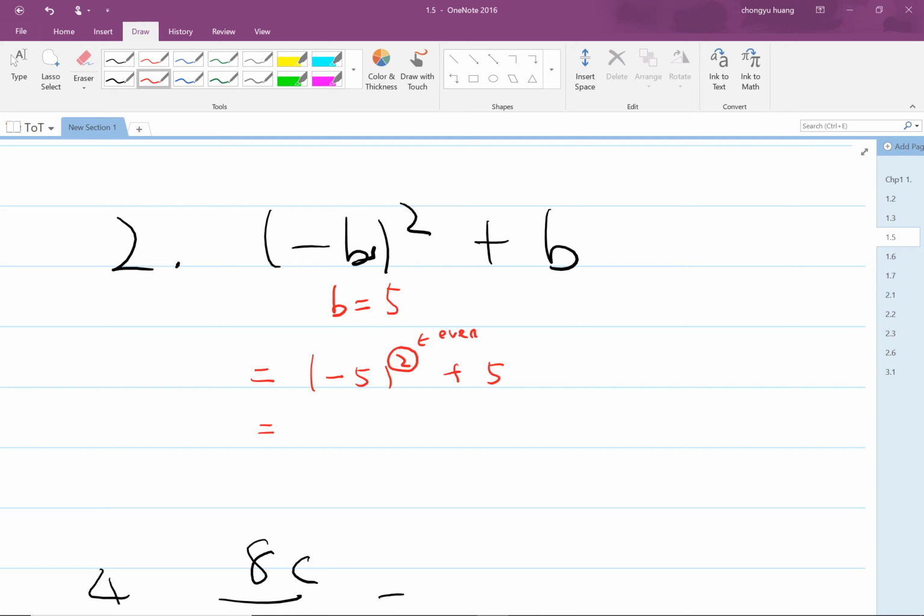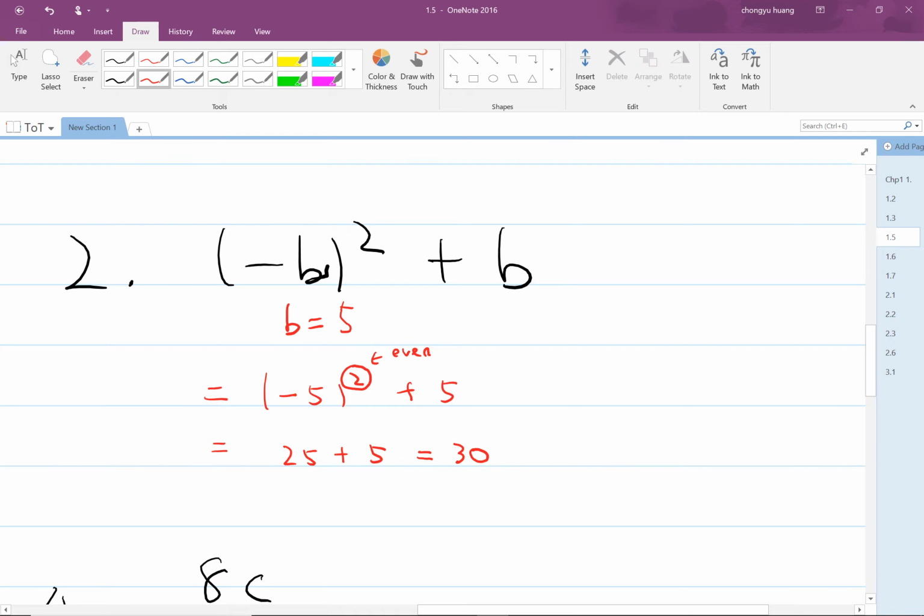So (-5) squared is equal to 25. Then you write down the following, and we are on our last step: 25 plus 5 is 30. So the solution for this question is 30.